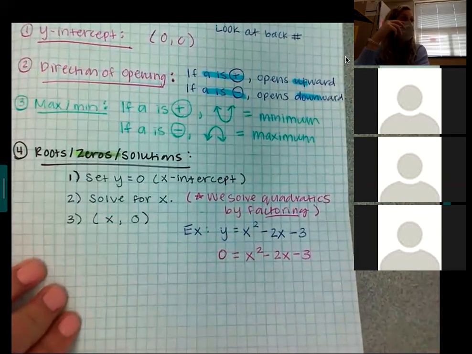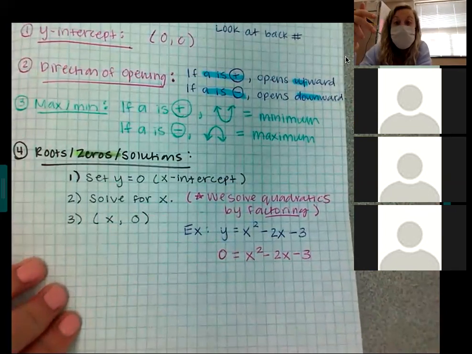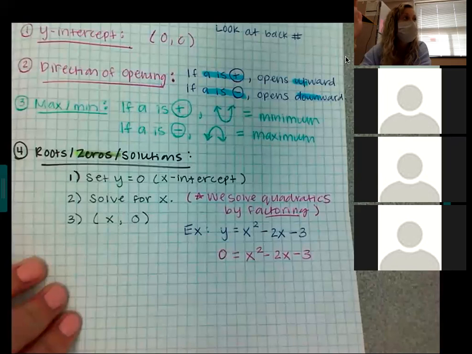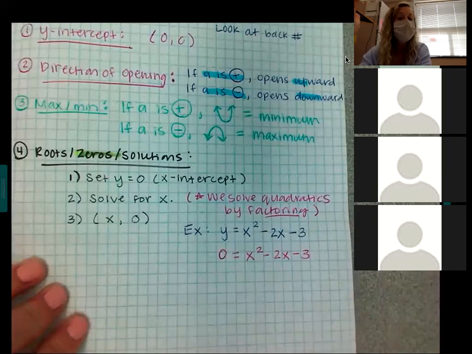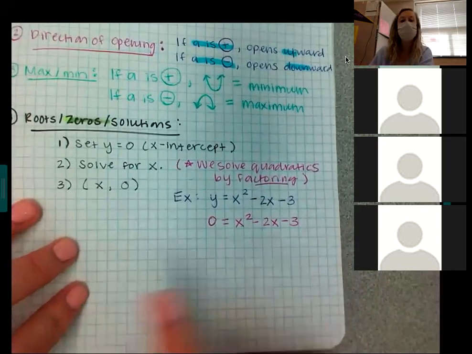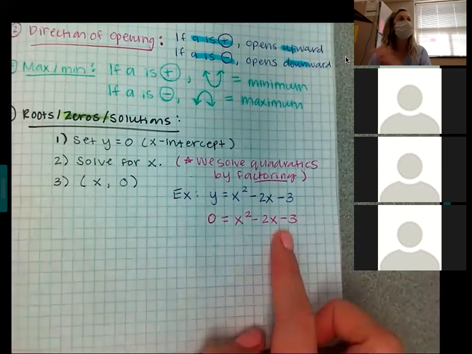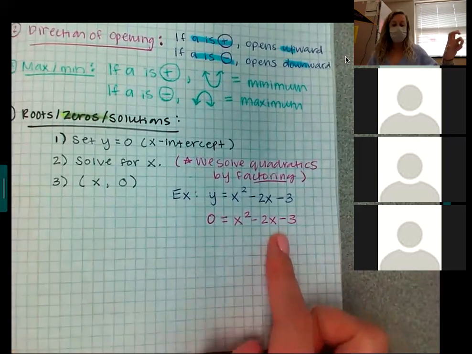Some of y'all have been using stuff that doesn't work well. But second of all, other places are going to do other things besides factor that take way longer. Factoring is the fastest, easiest way, and it's the way you'll have to do in Math 3 and Math 4, okay? So how do we factor x squared minus 2x minus 3? Can somebody tell me what we're looking for?